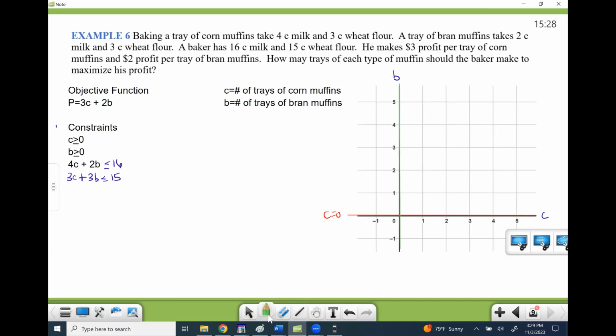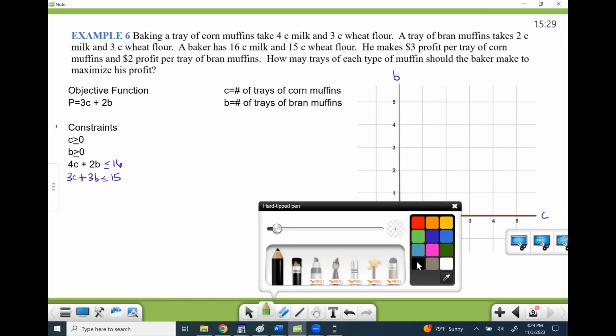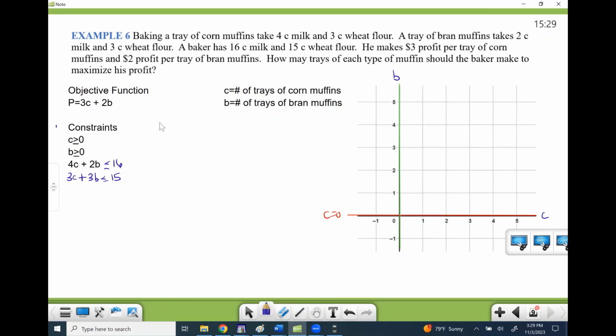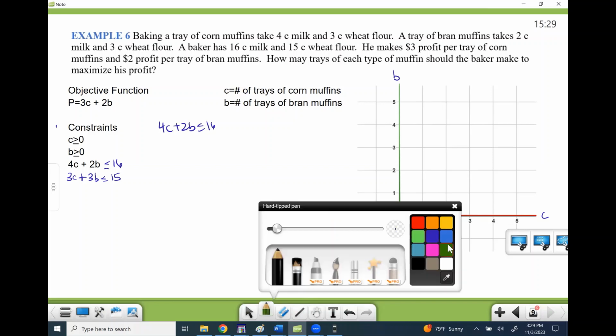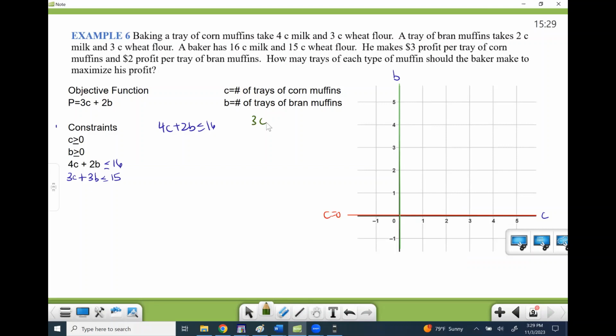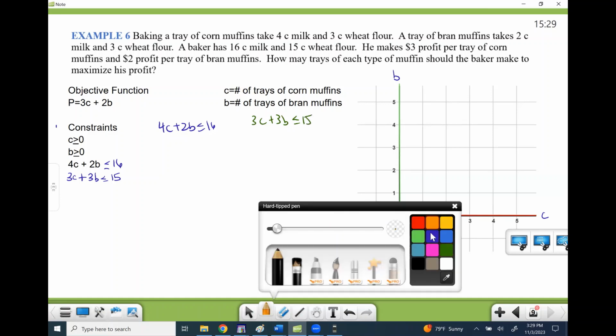Now let's take the other 2 equations that we have, okay? So we're going to take 4C plus 2B is less than or equal to 16. And 3C plus 3B is less than or equal to 15. And we're going to go ahead and isolate the y's, get them into slope-intercept form.